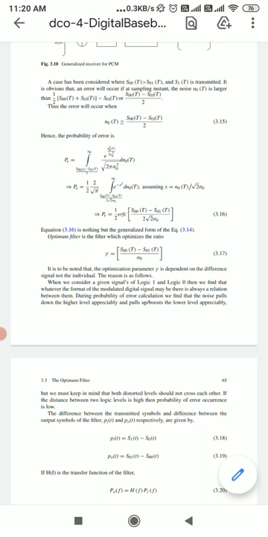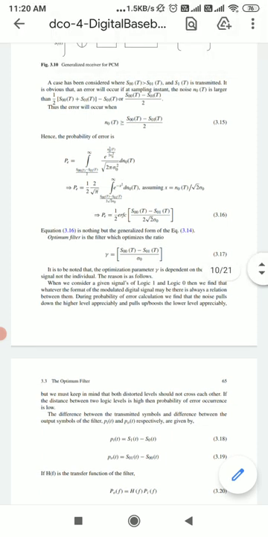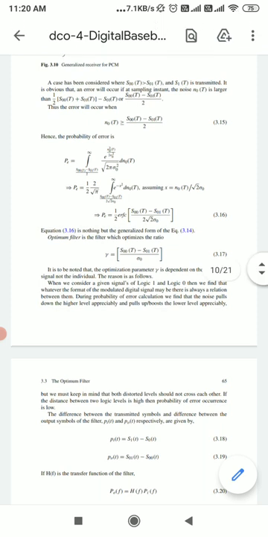So we can say the optimum filter has to maximize the signal to noise ratio. You are supposed to maximize (S01(t) minus S02(t)) upon sigma naught in such a way that the probability of error will be minimum, because the probability of error Pe equals 1 by 2 erfc of (S01(t) minus S02(t)) upon 2 square root of 2 sigma naught.